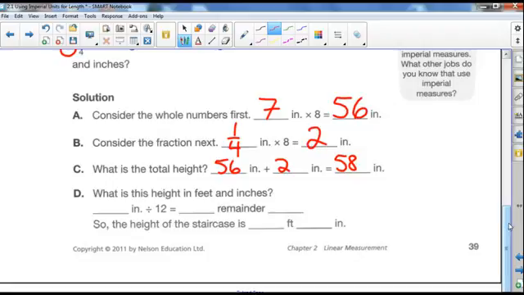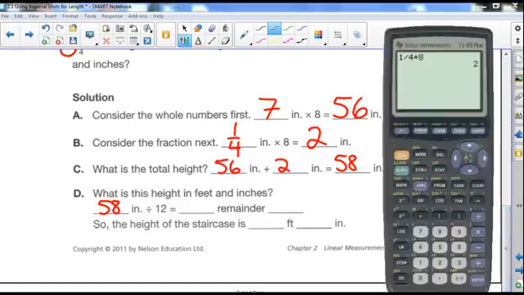Okay, what is the height in feet and inches? Well, in feet and inches, we take our 58, okay, which is our answer. We divide it by 12. Okay, so 58 divided by 12 equals 4.